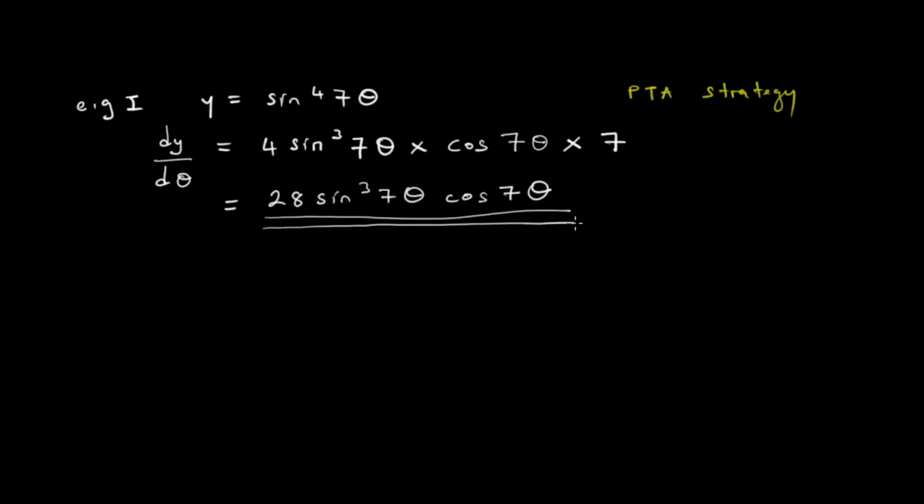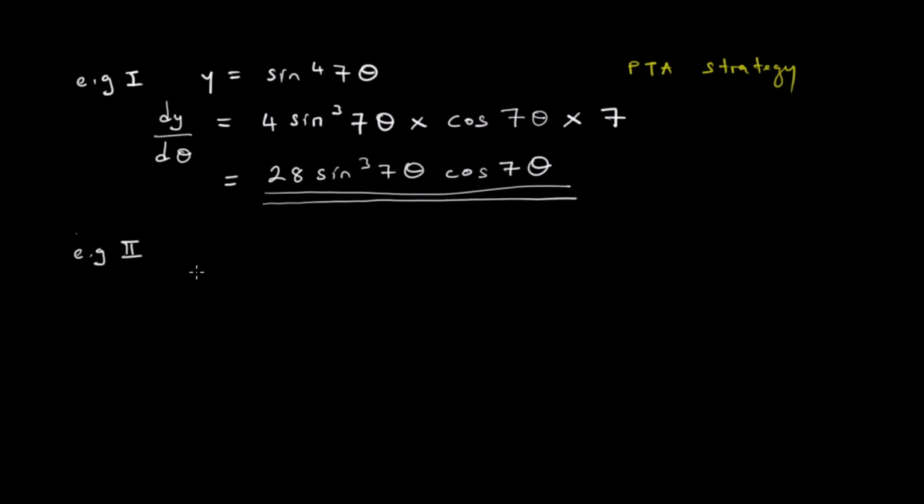Tadaite tatopedza. So it's not difficult. It's actually enjoyable. Let us look at example number 2. So for our example number 2, we are given that y is equal to tan to the power 5 of theta.